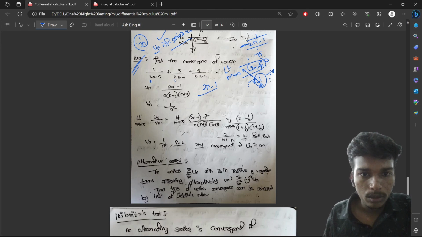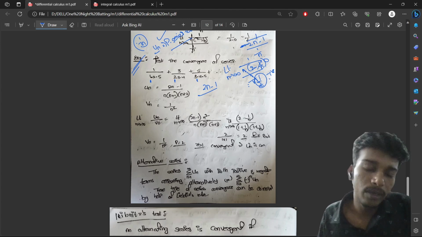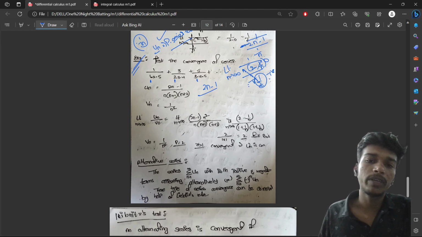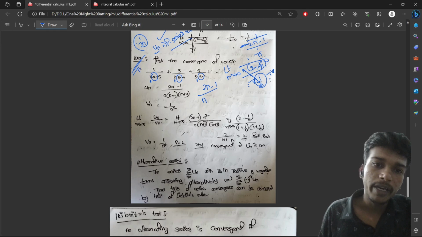Now, just look here. First term 1, 2, 3. That means as the n value increases, there is no increase in the first term value. So we can directly take n here: 2, 3, 4. When n is equal to 1, we have to get this thing.